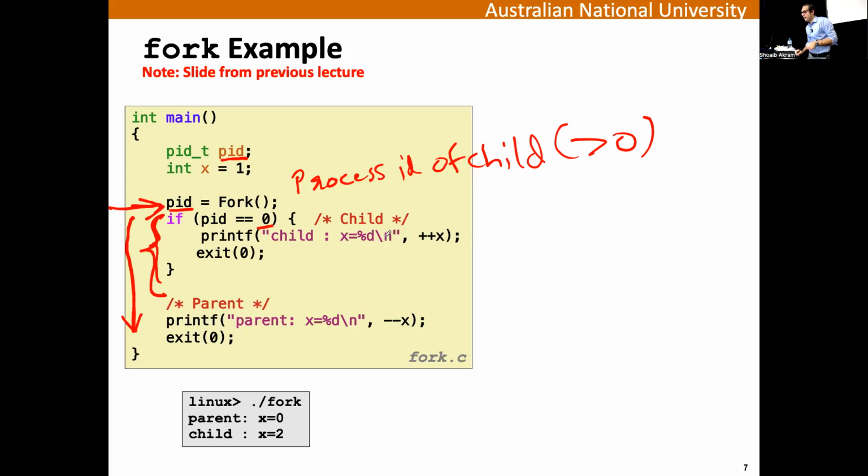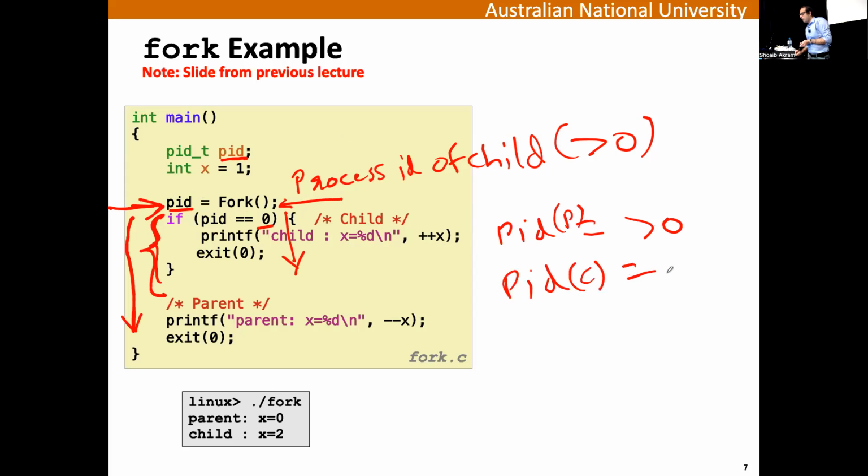So PID here, at this point, is not even initialized in this code. After this point, the parent will have something greater than 0, which is the process ID of the child, and the child will have a process ID of 0. So with the if statement, we can check which of the two processes, parent or child, is executing this if statement.